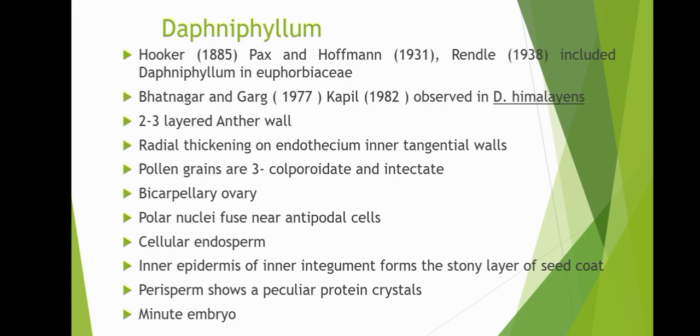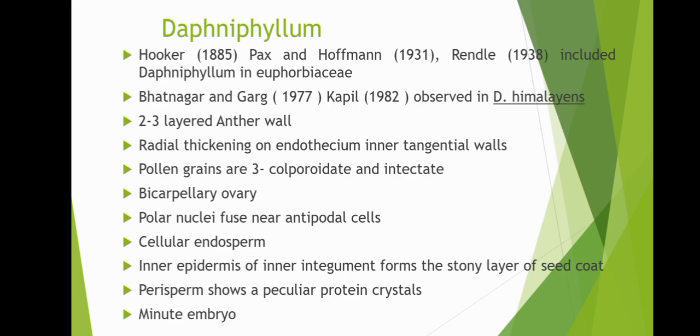Hooker, Pax, and Hoffmann, Randall. These scientists included Daphniphyllum in the Euphorbiaceae. Later, observations in Daphniphyllum himalayense were made by Bhatnagar, Garg, and Kapil, who observed that a 2 to 3 layered anther wall is seen, and radial thickening on the endothecium in the inner tangential walls.